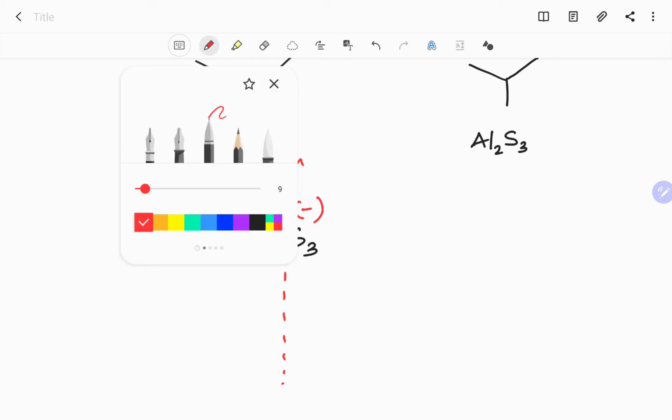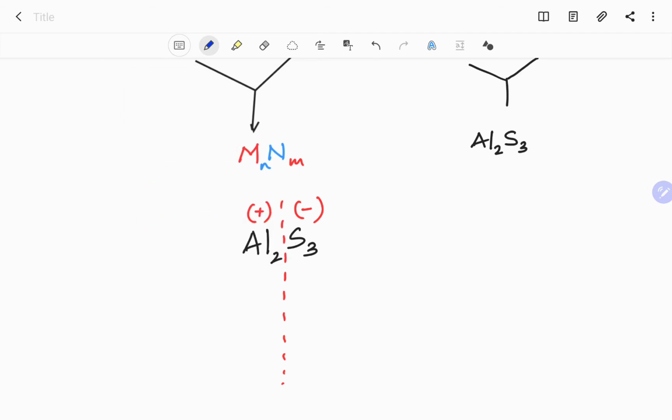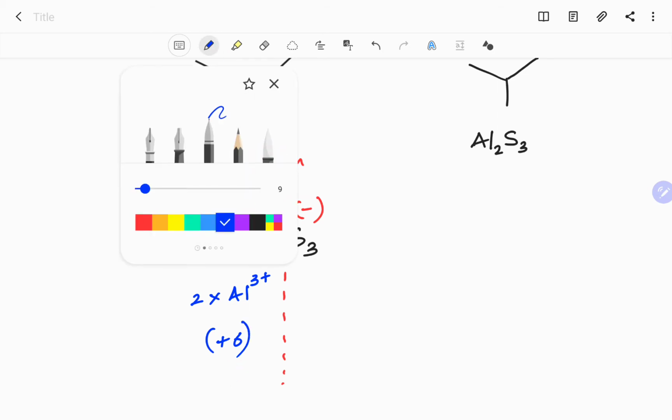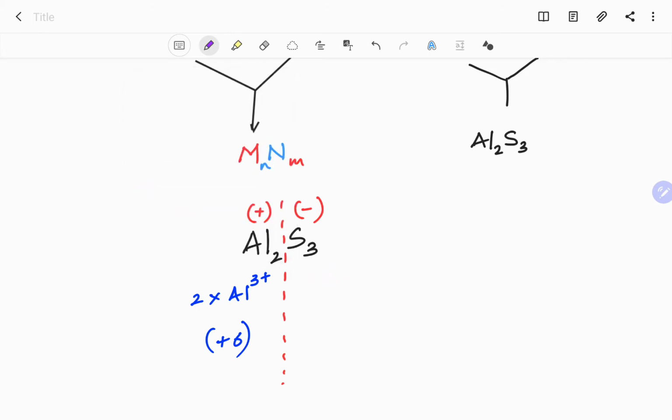So for aluminium, we have 2 aluminiums. Each aluminium is a +3, so 2 times 3 is +6. So we have +6 on the cation side. And then for anions, we have 3 sulfides, and the sulfide charge is -2.